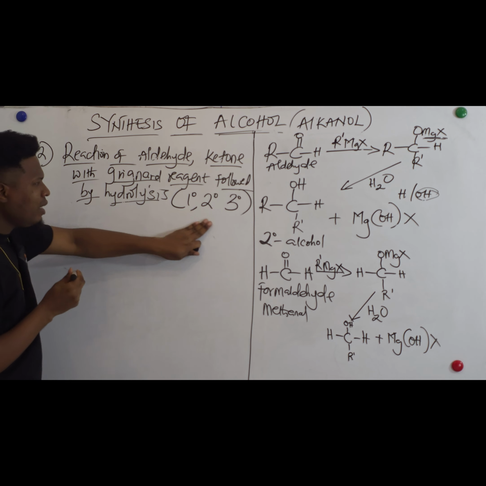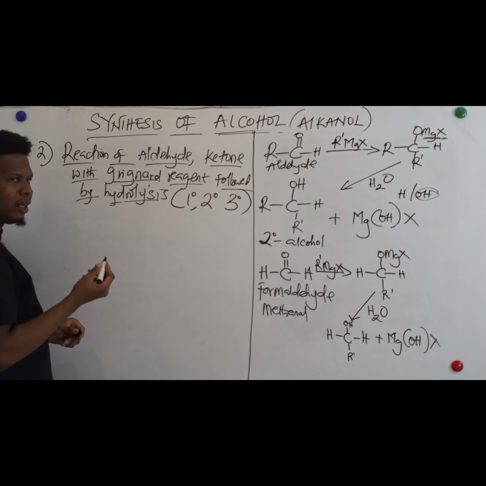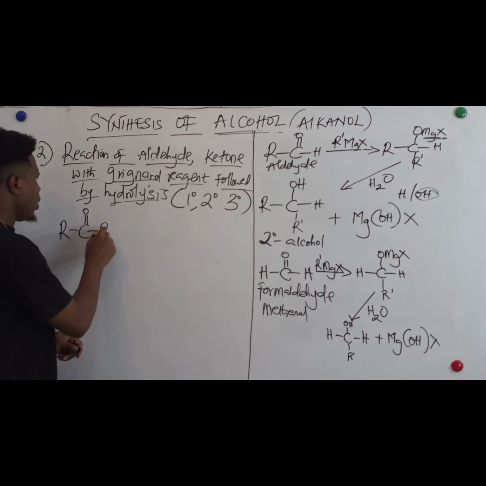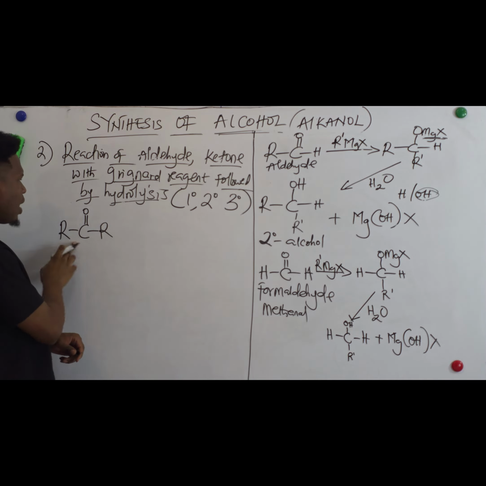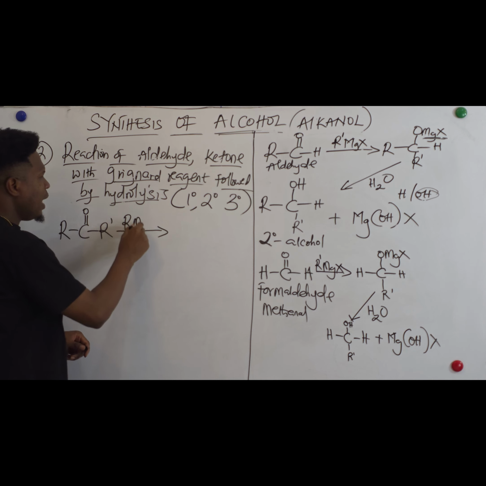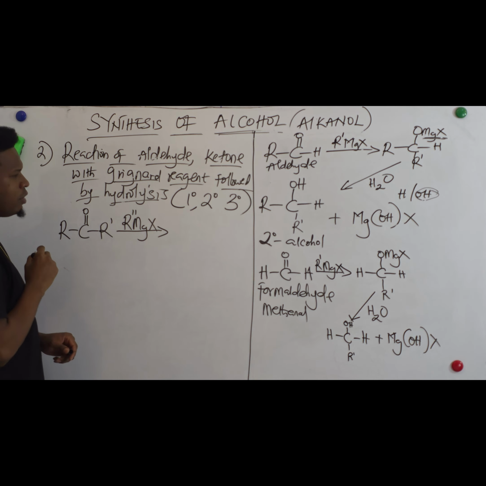So how can we get a tertiary alcohol from ketone? Watch. What is the symbol of ketone? Ketone is R, C double bond O, single bond R. Let's differentiate these two R by putting a prime here. Then let's react it with a Grignard, RMgX, with a prime for this one.